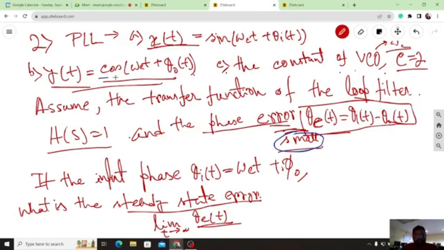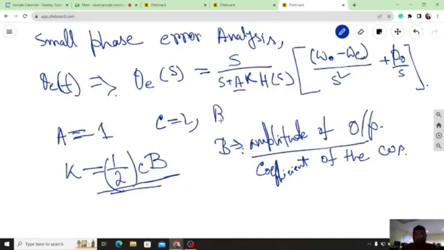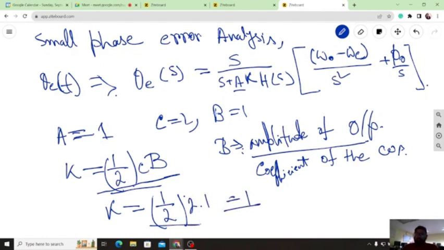So basically this is the cos waveform, and we can think this has amplitude B, this has amplitude A. So from here we can write that B is also 1. So K is equal to half into 2 into 1, that is 1.